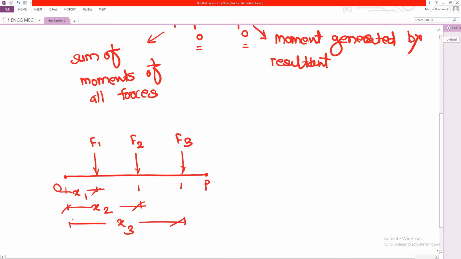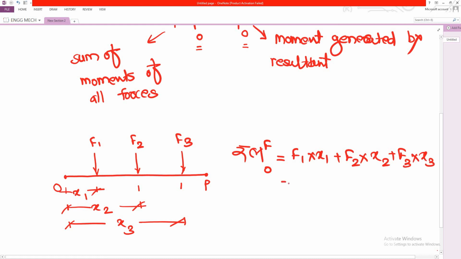Then we can calculate the total moment generated by these forces by a simple calculation, summation of moment of forces with respect to point O. We can write it down as F1 into x1. Since it is clockwise, the product is taken positive. Then F2 into x2 plus F3 into x3. Therefore we will have a value of moment in some numerical value, in Newton meter.